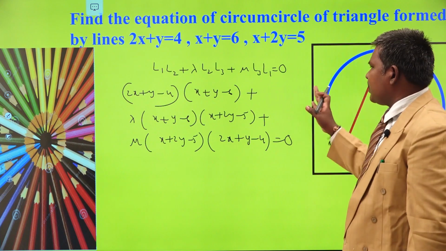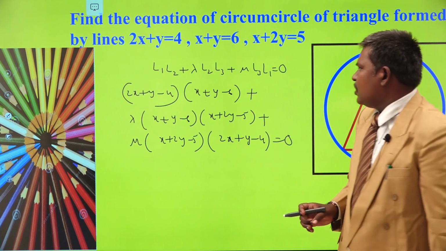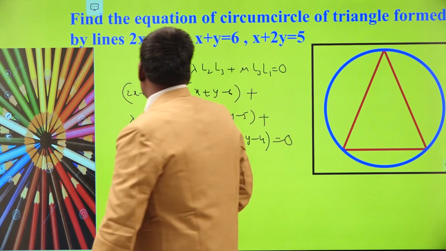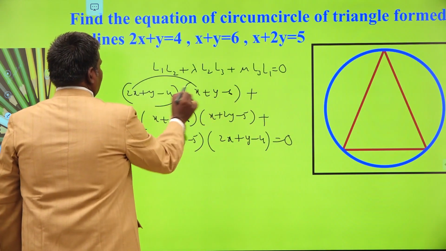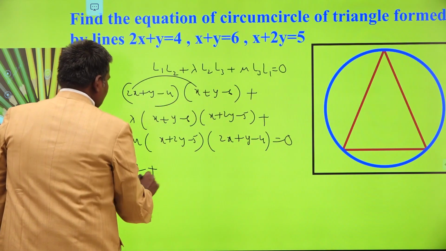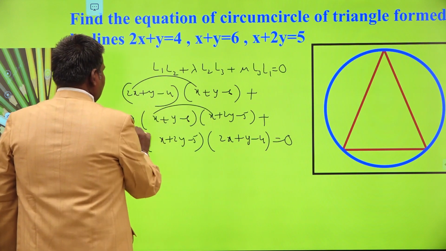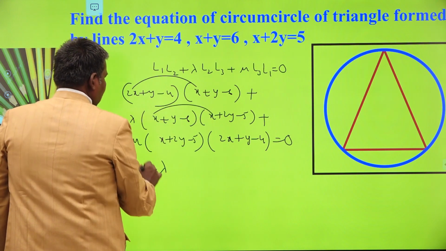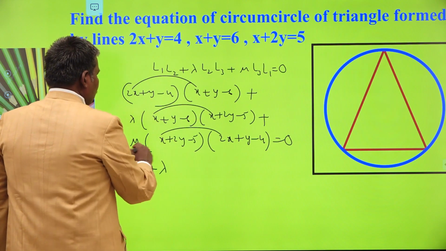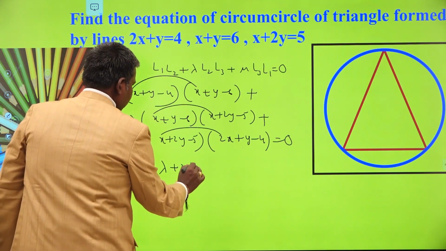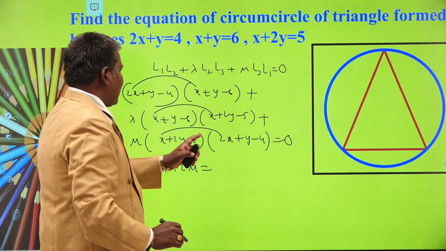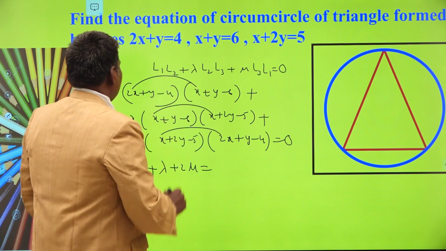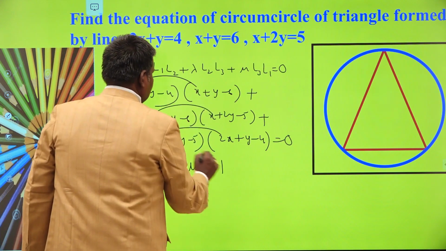To obtain the equation of circle, what are the conditions here? Coefficient of x square equal to coefficient of y square. What is the x square coefficient here? 2. Plus, what is the x square coefficient here? Lambda. What is the x square coefficient here? 2 mu. So 2 plus lambda plus 2 mu is equal to the coefficient of y square. Y into y, y square, that is 1.